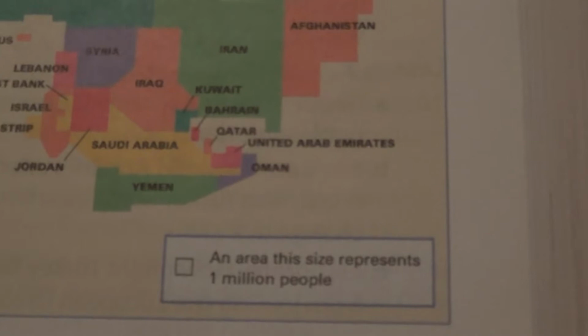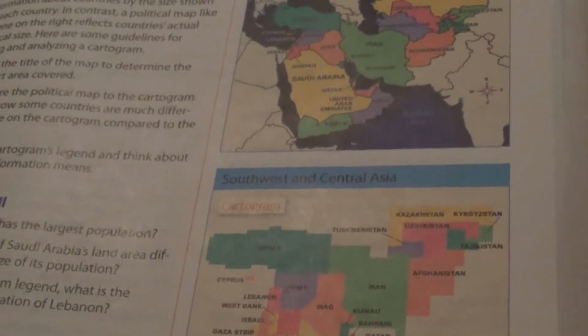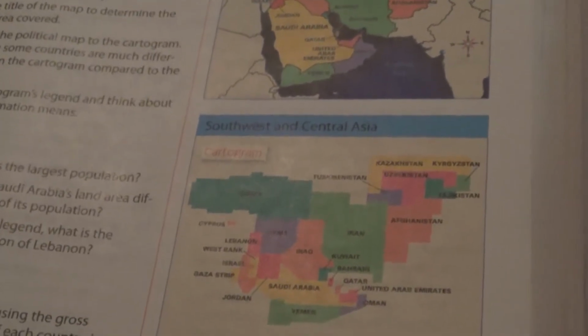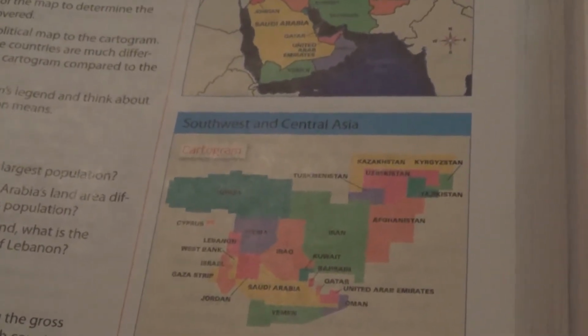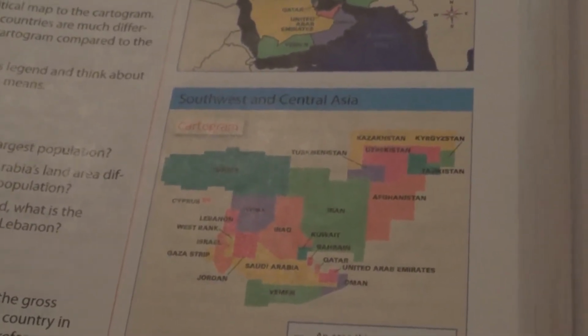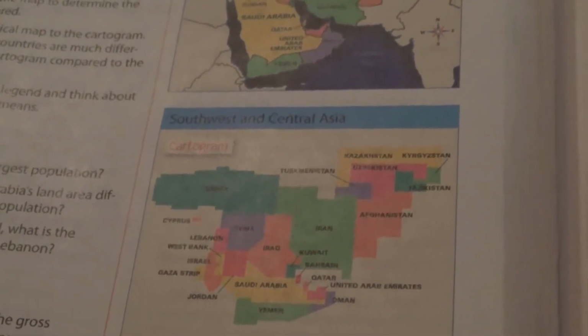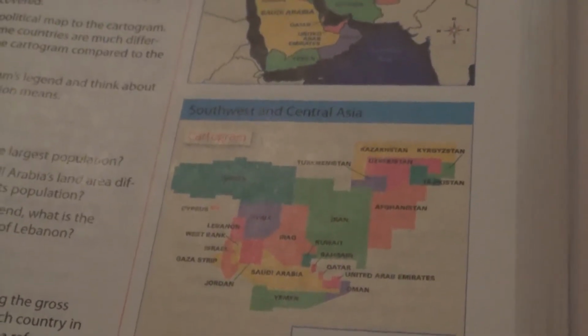Remember, to get a square on the map, you have to have at least 1 million people. So that could also mean that some countries may not even show up on the map. If you don't have at least 1 million people within your country, you are not going to earn a square. Now I believe every country is on the map here because every country does have at least 1 million people.